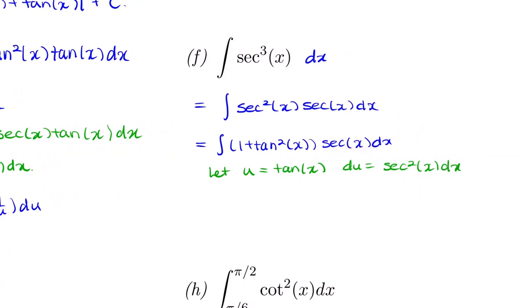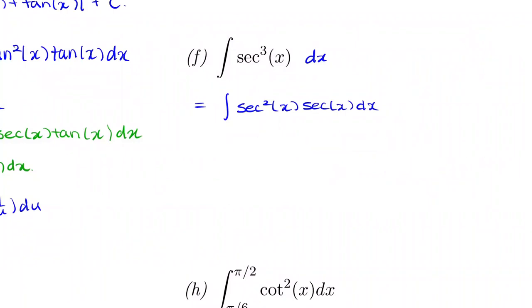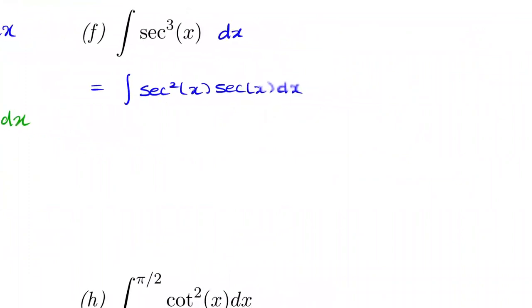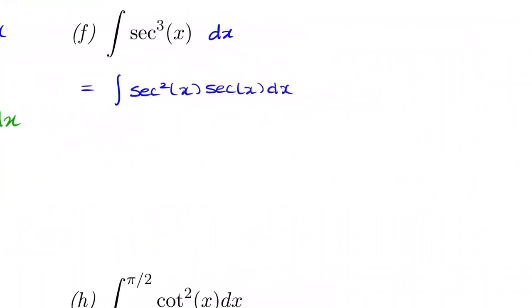So let's try something else and see what else we could do here. Actually, the substitution wouldn't be the right method. What we're going to do instead is apply integration by parts. Although this might look a little bit silly, it would not be.